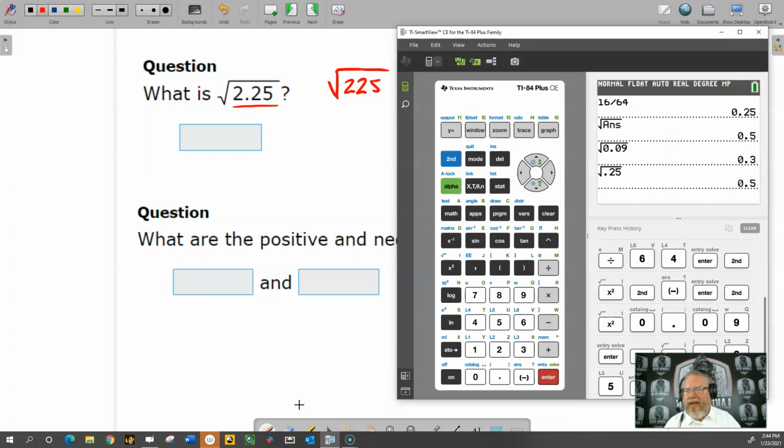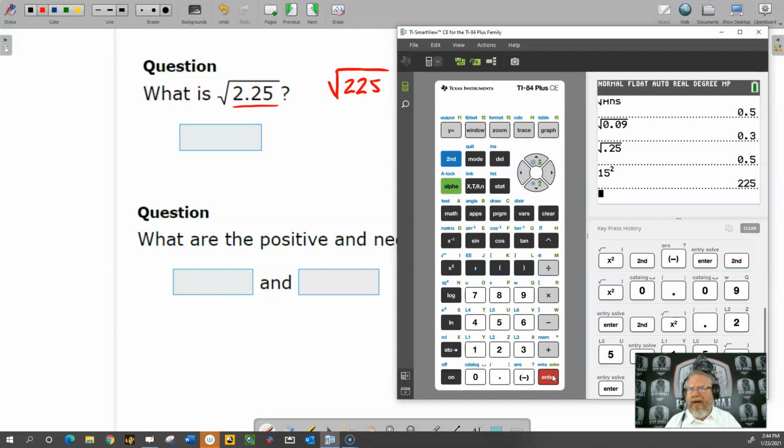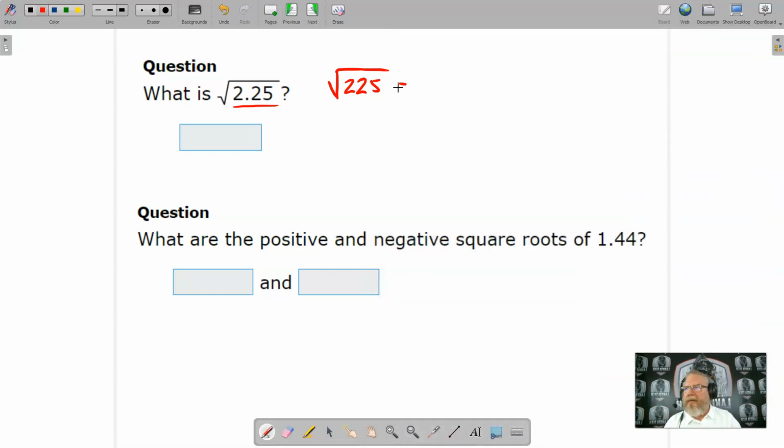I'm thinking it's 15 squared. So I type in 15, and then where that radical symbol is, hit the second key and notice that that is x squared. I tell it to take 15, square it, and let's see, do I get 225? Indeed I do. So that's one way for me to check. I was pretty sure it's 15.